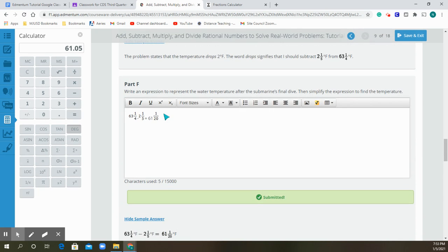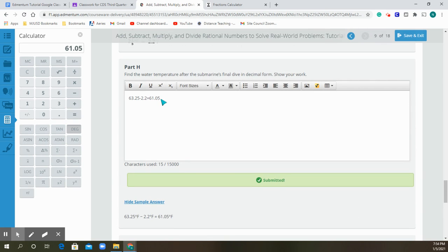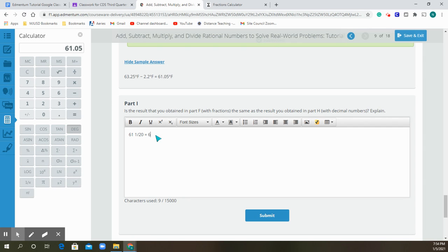Okay, so now it says, is the result that you obtained in part F, 61 and 1/20th, the same as the result you obtained in part H, 61.05?